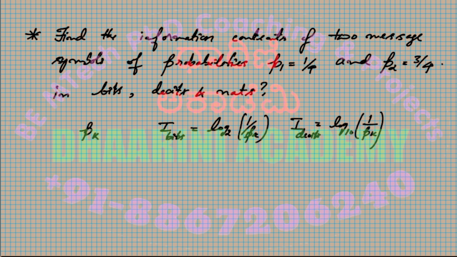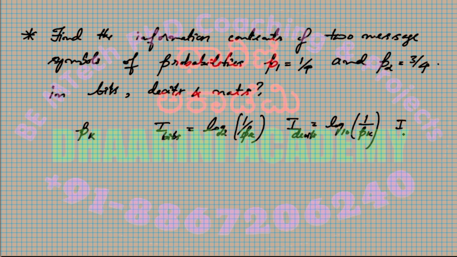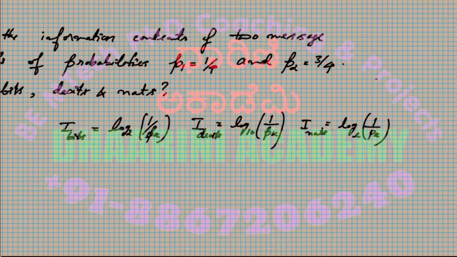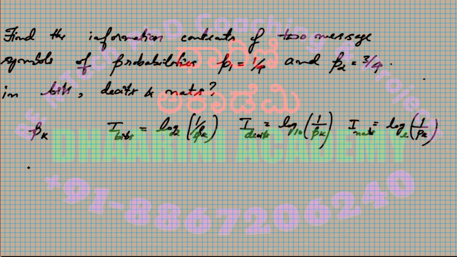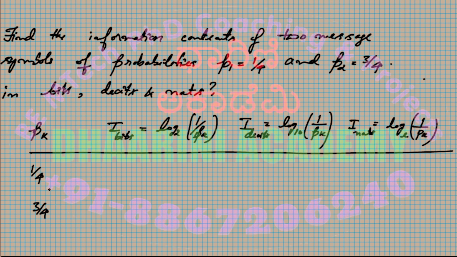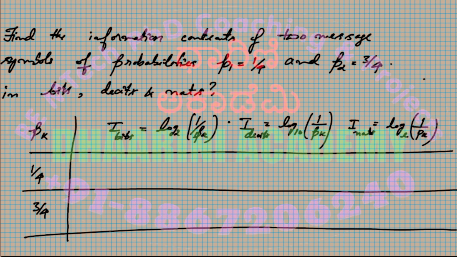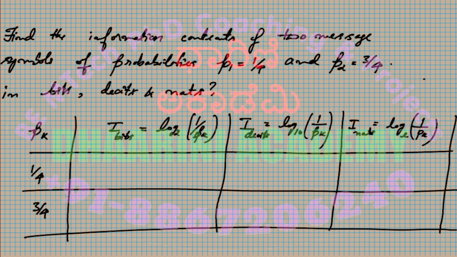Similarly, if I want to write I in nats, this has to be log to the base e of 1 by pk. So this is what we are trying to calculate now. Two values are given: one is 1 by 4 and one is 3 by 4. So put the pk values into the equations and fill the table. Let me know once you get the answers.